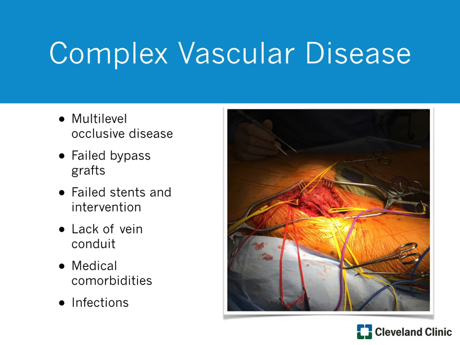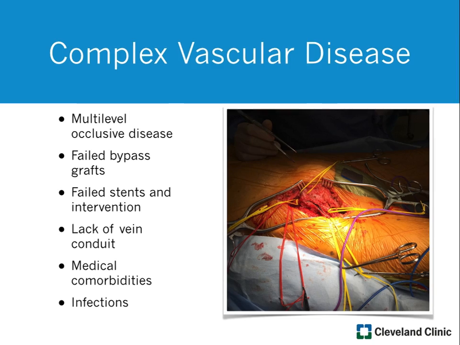We see a lot of complex vascular disease here at the clinic, and this includes multi-level occlusive disease, failed bypass grafts, failed stents and interventions. These patients typically present with a lack of venous conduit. They suffer from multiple medical comorbidities and often from concurrent infections from previous surgeries.